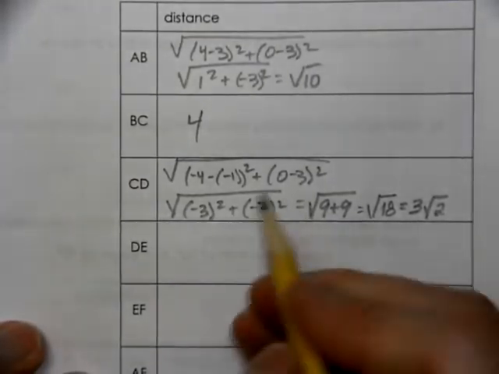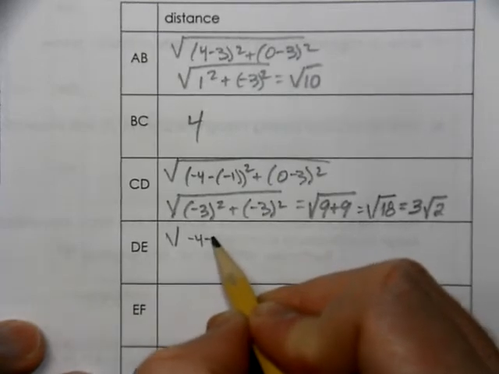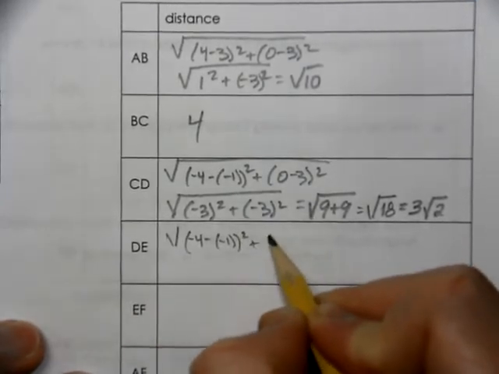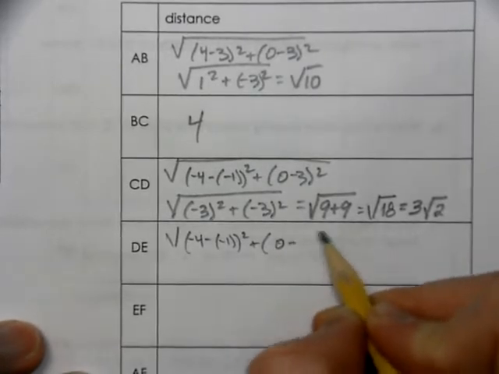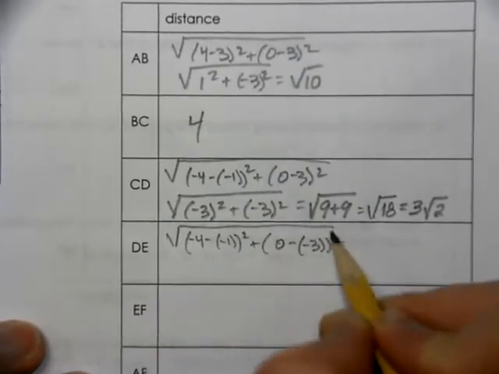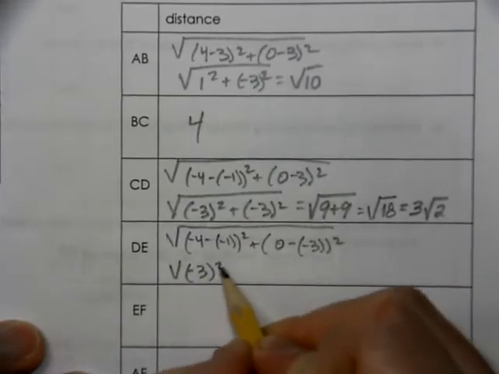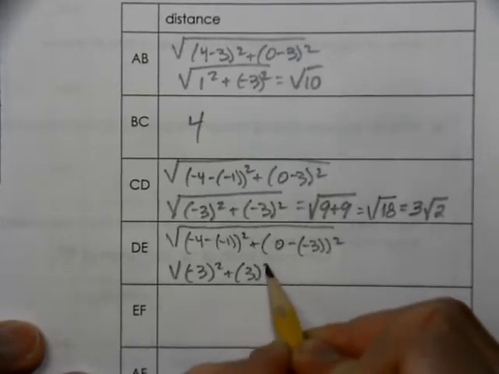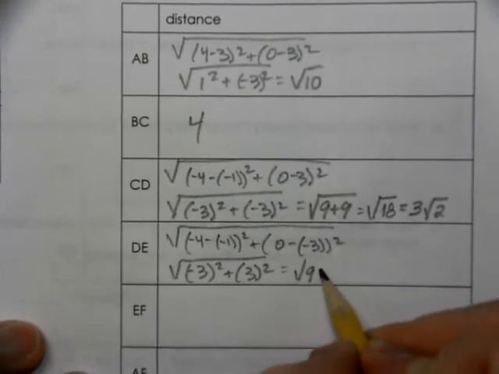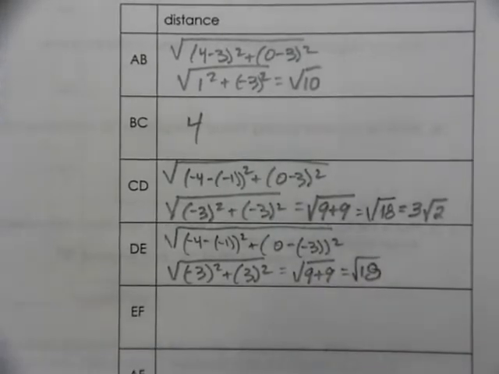DE, negative 4 minus negative 1, and 0 minus negative 3. So again, that comes out to be 9 plus 9, which is the square root of 18.